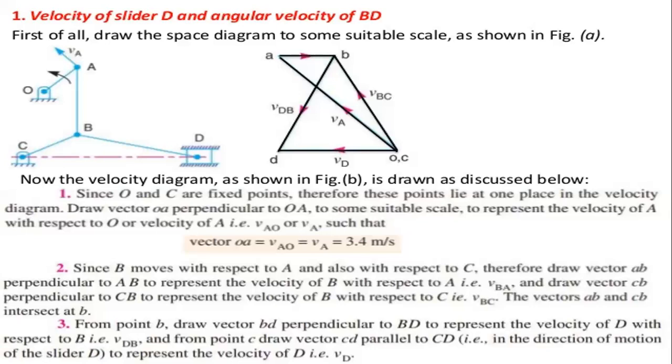Next, from point B, draw the vector BD perpendicular to the link BD in the space diagram.